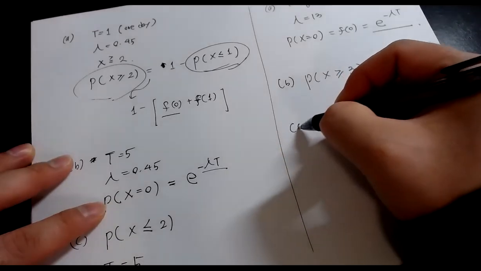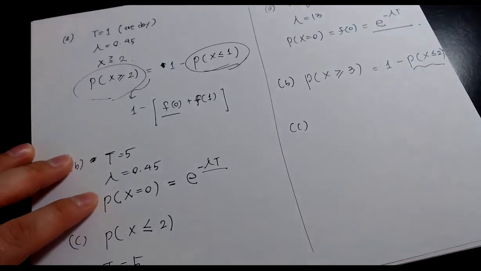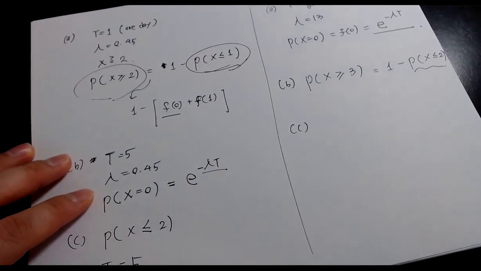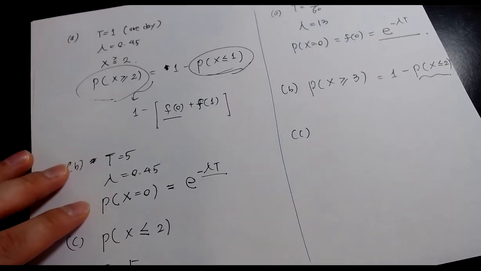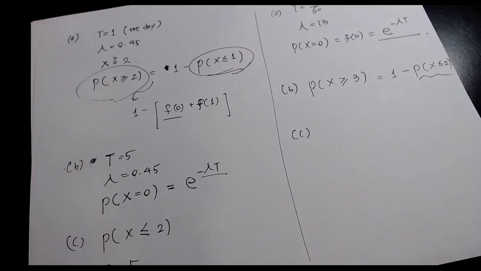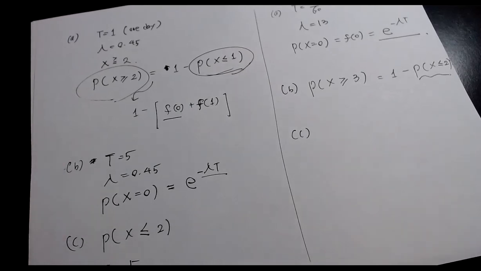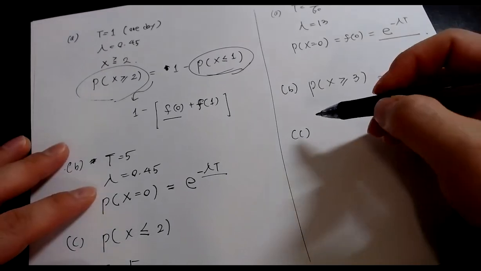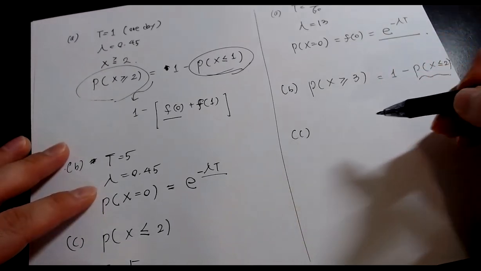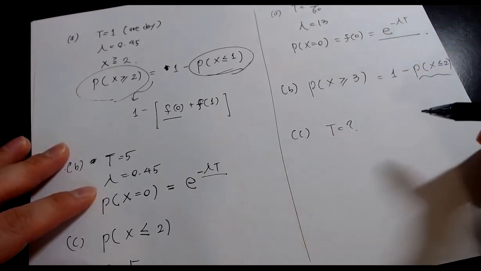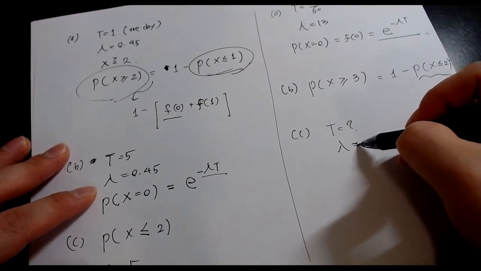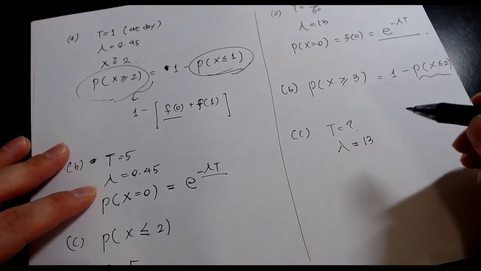Now C: the length of a time interval such that the probability of no orders in an interval of this length is 0.001. The question asks you to figure out the time, so t is the unknown and lambda is 13.